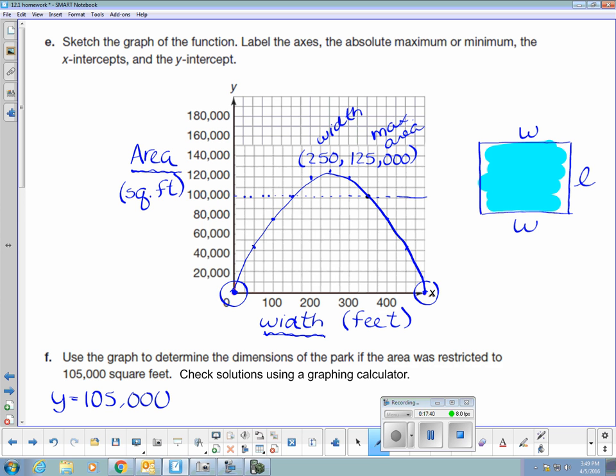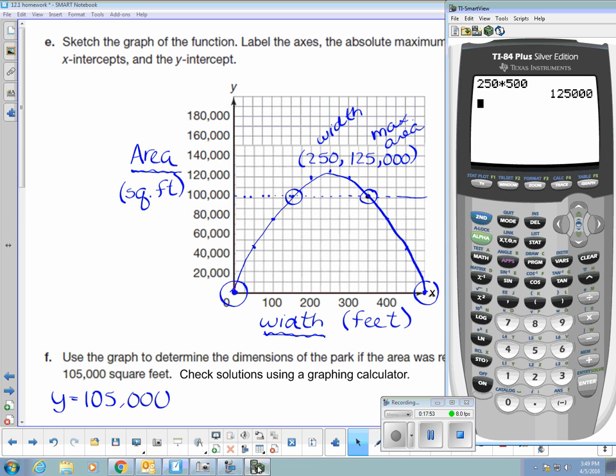Then we're going to find the dimensions by finding what this width is, and also what this width is. So let's leave our first function and add y equals 105,000. So my second function, there's that line at y equals 105,000.